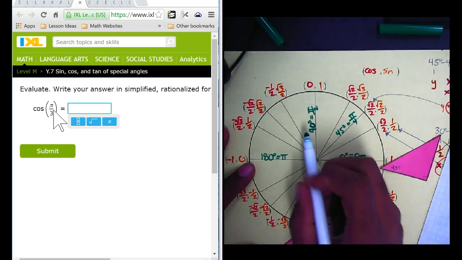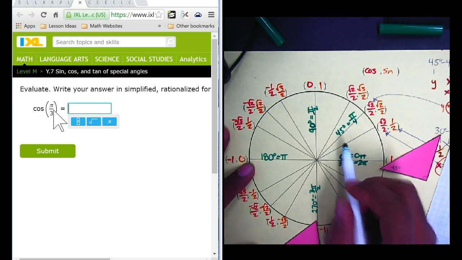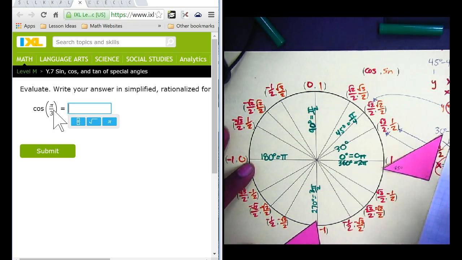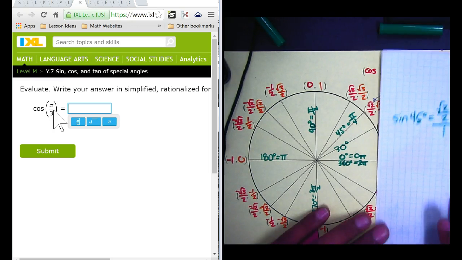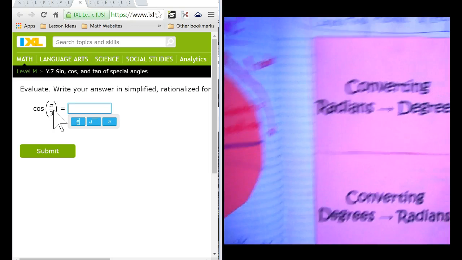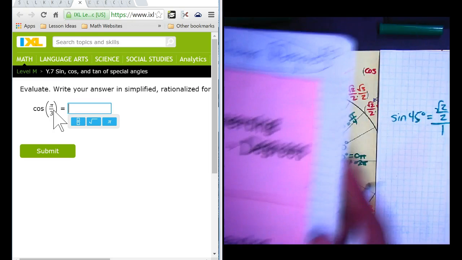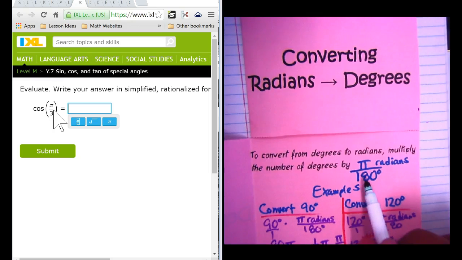Okay? And then what about here? Well, I'm not really sure, but I know that that's 30 degrees. And I want to convert from 30 degrees to radians. And if you remember from last week, we converted degrees to radians and radians to degrees. And I want to know what 30 degrees is in radians. Well, what I do is I multiply times pi over 180.